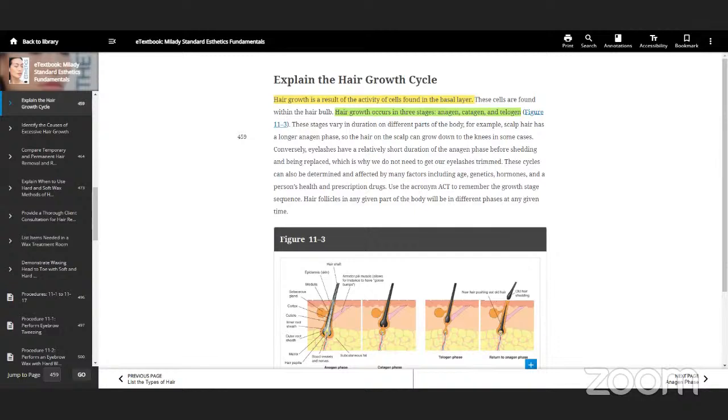And so this is why we do the consultation, because if clients are on medications, y'all, medications, diseases and disorders affect hair growth. And so you're sitting up there like, man, anagen, telogen, that's someone that don't got no issues.